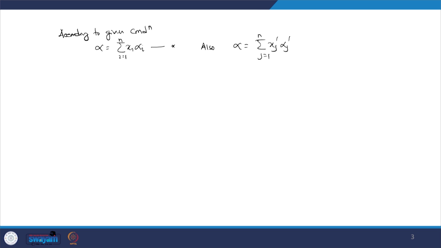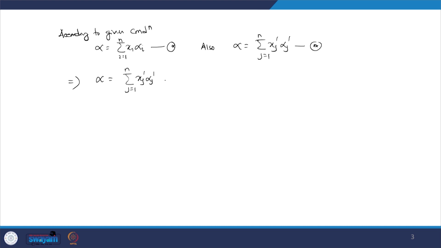So, I can write these as star and double star. This implies alpha equals sigma xj prime alpha j prime, j equal to 1 to n.